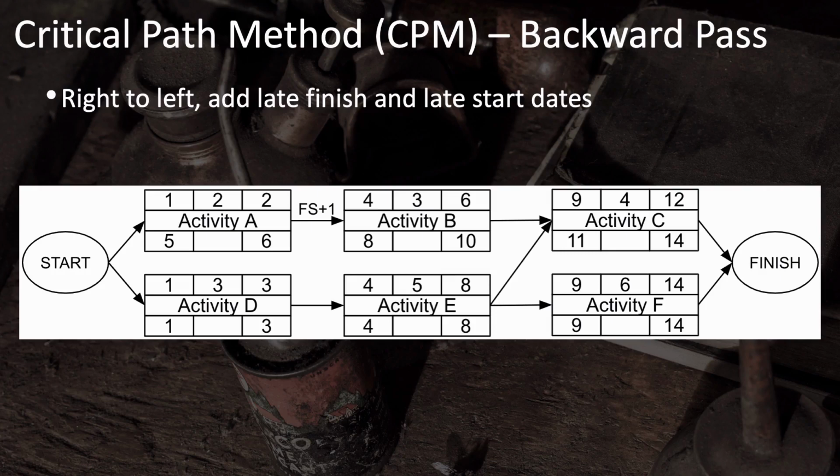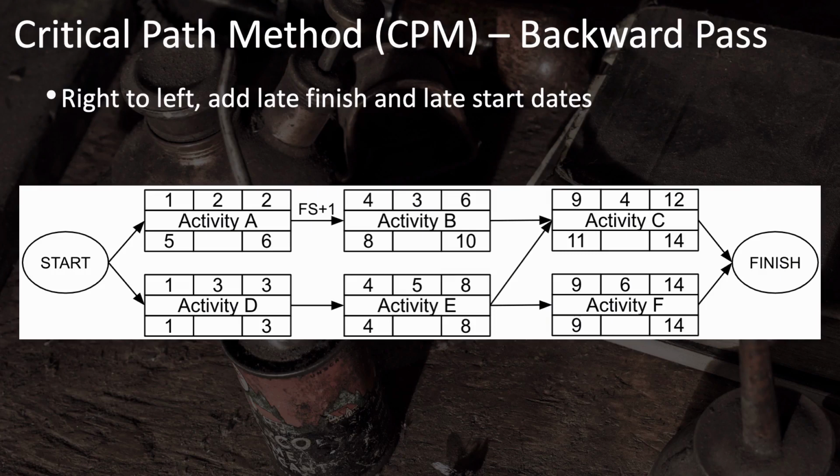Coming back to activity E, what's the latest that it can start? Here's where it gets a little tricky. Activity E could end as late as day 10 without delaying activity C at all. However, it would delay activity F if you did that.